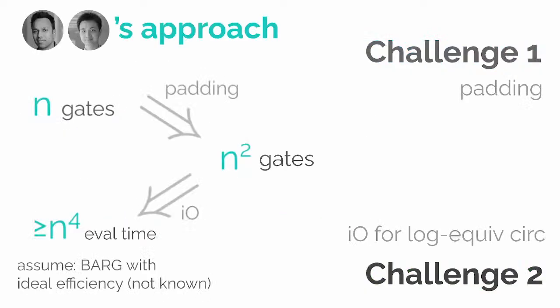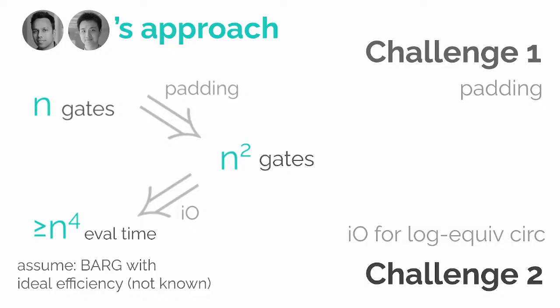In Abhishek and Zhenzhong's approach, for addressing the first challenge, you have to do the padding of the circuit such that you can write down this hybrid, and they already incur quadratic overhead with this padding step. And then when they take this quadratic size circuit and compute an I/O for it, there's another quadratic blow up.